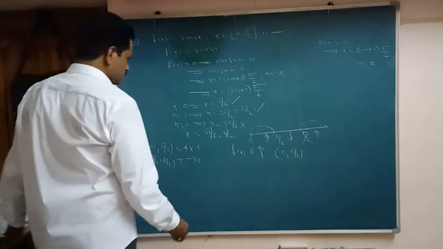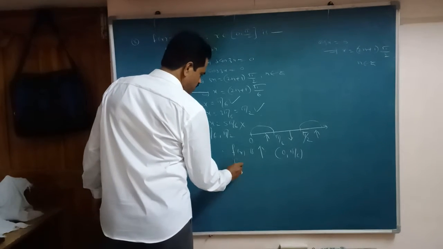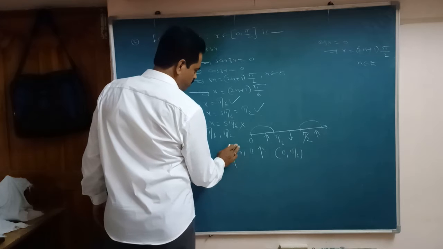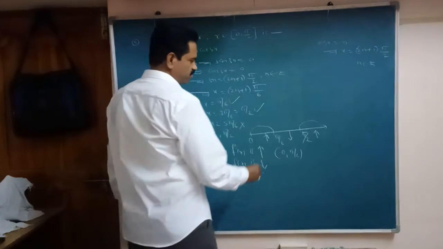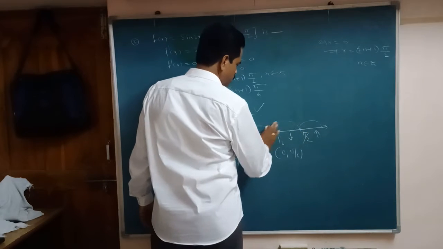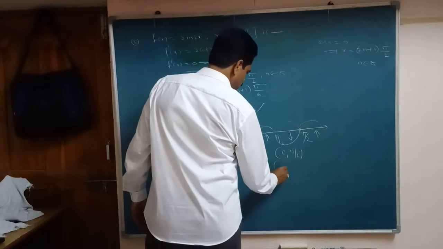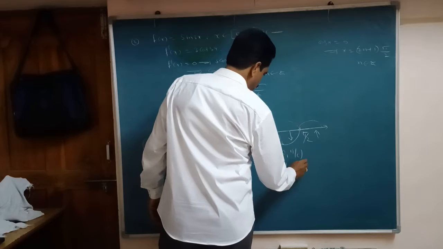Next, f dash x, f of x is strictly decreasing in which interval? Pi by 6 to pi by 2, that is pi by 6 comma pi by 2.